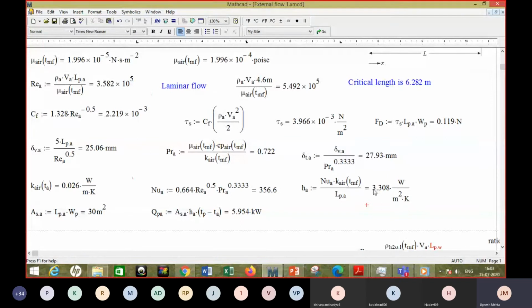Most of the time the heat transfer coefficients it provides are very small, so air is not a good medium for heat transfer, or rather it's a good medium for insulation, right? It's not even in double digits.